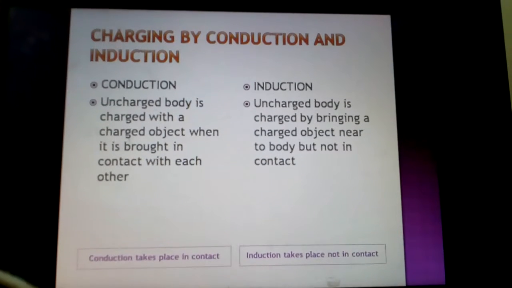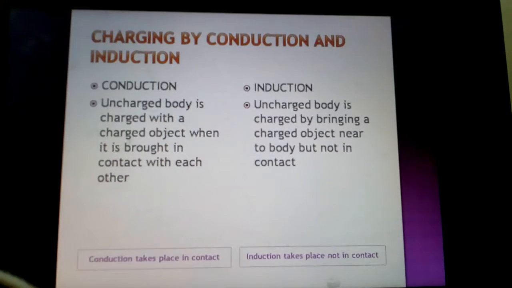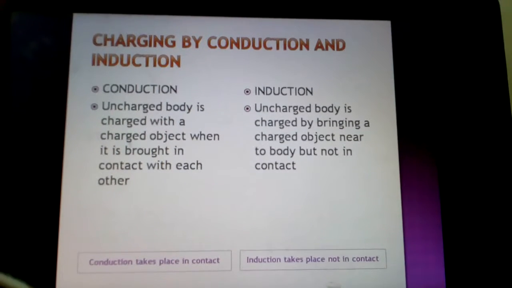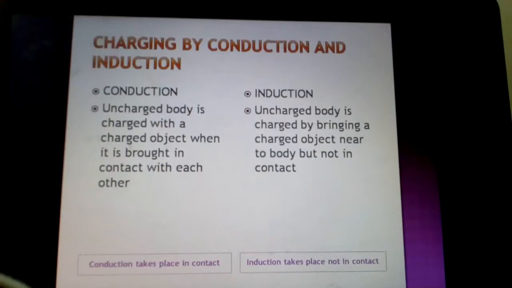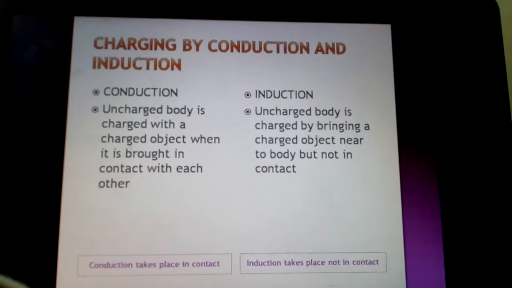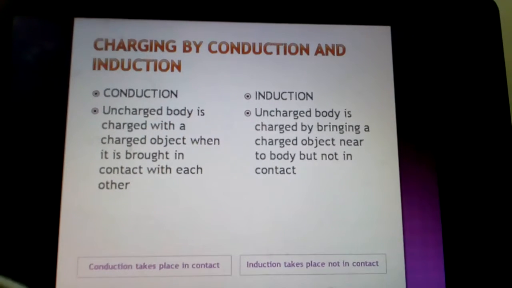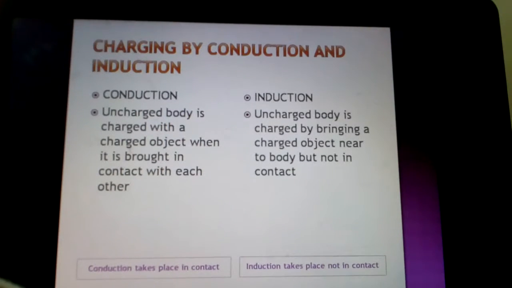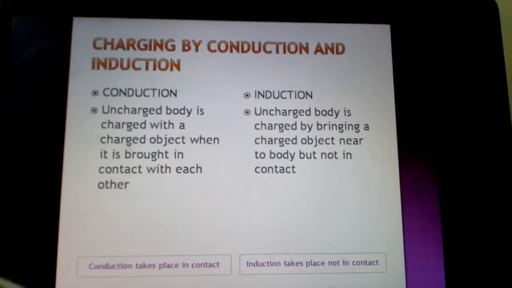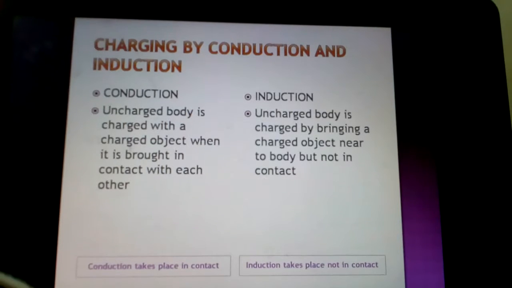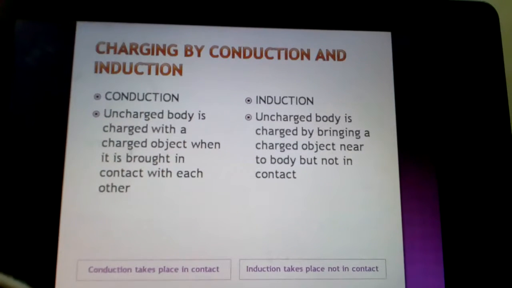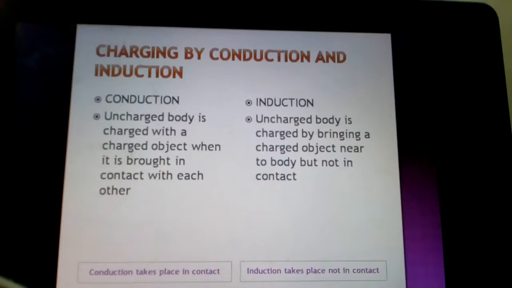In this process, an uncharged body is taken first of all, and a charged body is made to contact it, and this contact between the two bodies results in transfer of charges from the charged body to the uncharged body. But remember a point, that conduction takes place only when they are in contact.